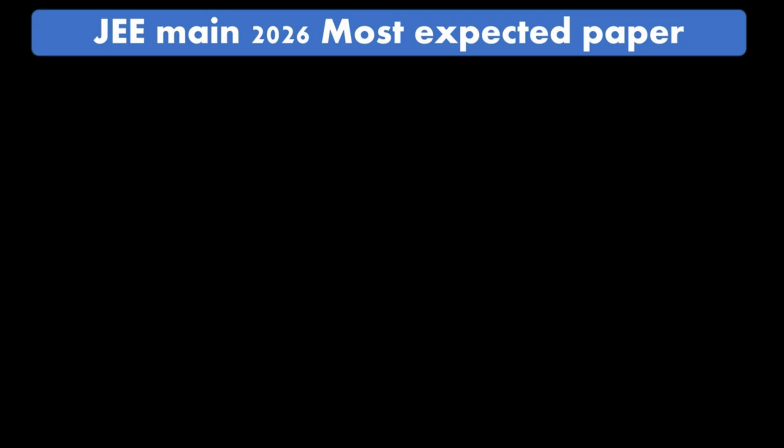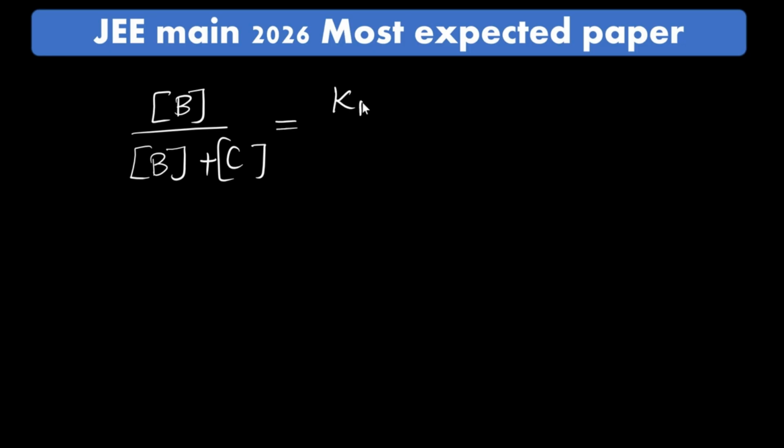So how we can go about this is the concentration of B by the concentration of B plus C in total, which is equal to K1, the rate of the first reaction, the B formation reaction, by K1 plus K2.